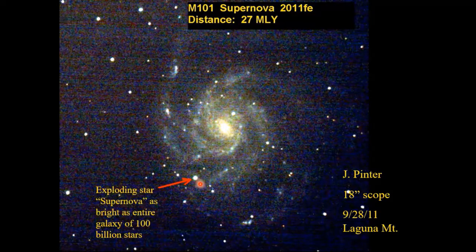Now, the other thing that's interesting about this is, remember, I took this picture back in 2011 when they discovered this supernova. But when did this supernova really explode? Well, this galaxy has a distance of 27 million light years. So that means this star actually blew up 27 million years ago and was just detected recently because it took that long for the light to get to us.